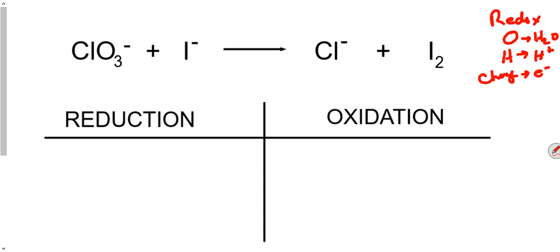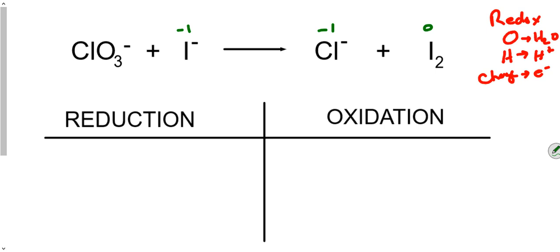So before we can do that, I have to decide who's oxidized and who's reduced. So we're going to go and assign all of the oxidation numbers. Iodine as an ion has an oxidation number equal to its charge, -1. It'll be the same for the chlorine. Iodine in its molecular form is defined as having an oxidation number of 0.